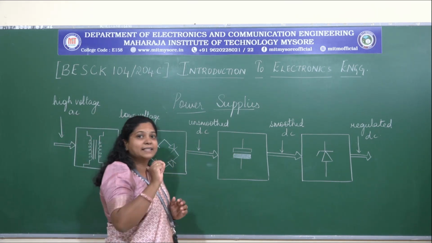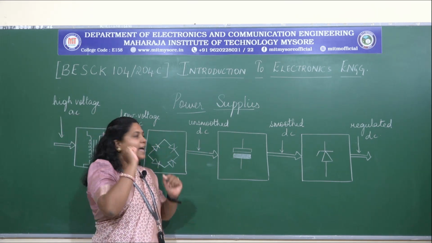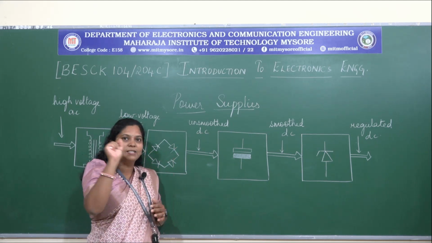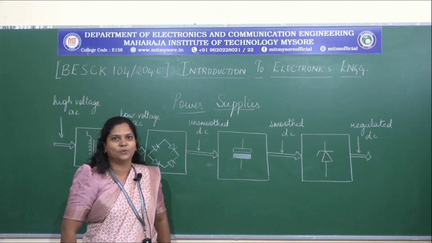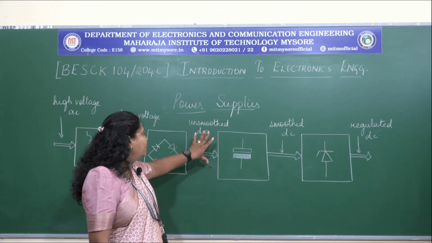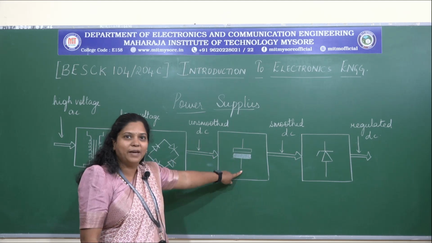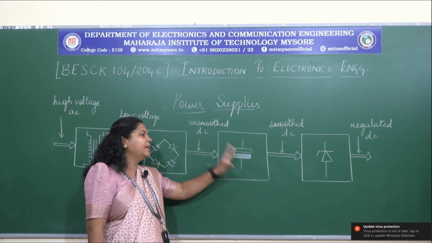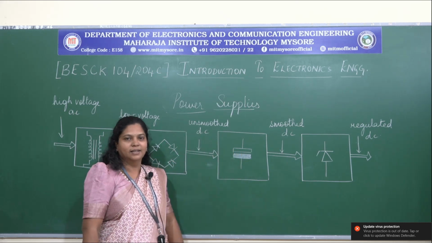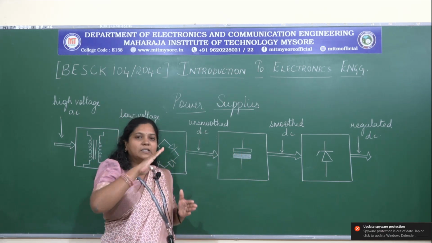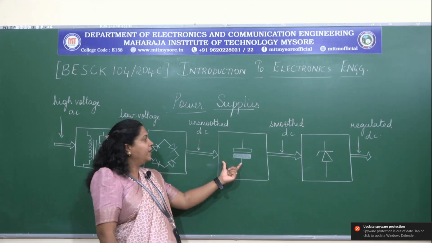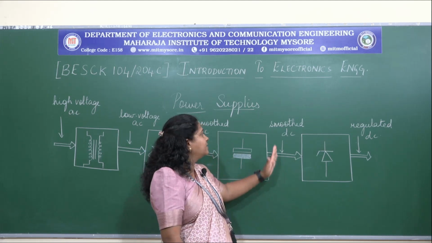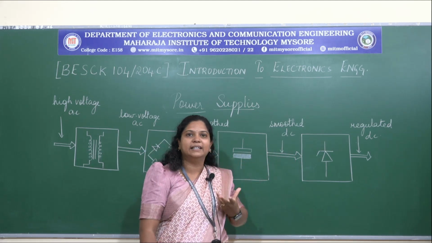Once we have this unsmoothed output, as I said previously, as soon as we get the output from a rectifier, it will always have a ripple content present along with it. So in order to reduce this ripple content, we have to make use of suitable reservoir circuits, or capacitors, in order to filter out and smoothen the waveforms. So we are going to get an output as a smoothed DC. Next, we are going to make use of a Zener diode.